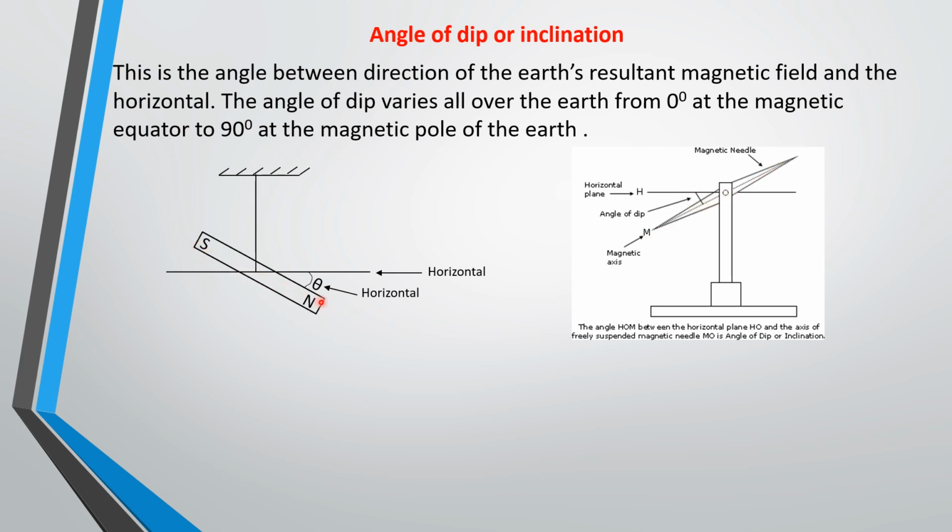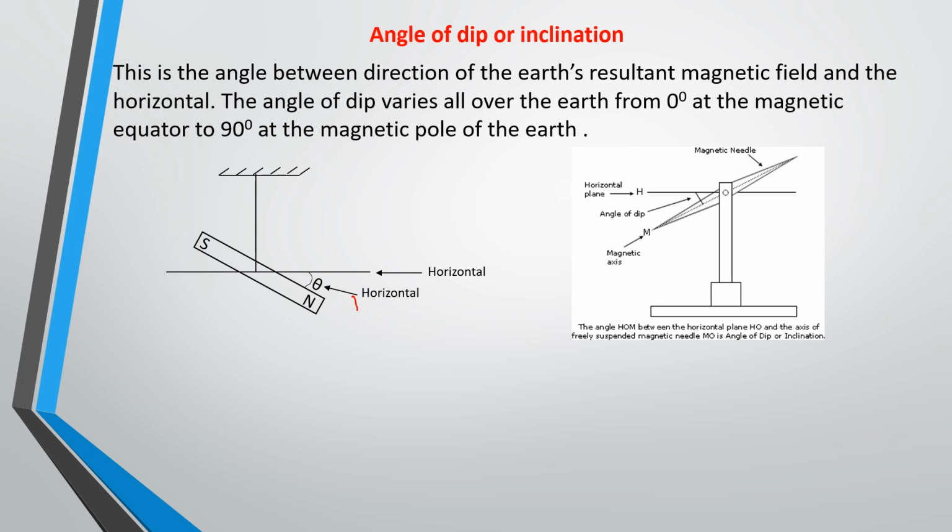So this is what I've also represented. This is the horizontal, and then this is the angle at which a freely suspended magnet settles. So the angle between the horizontal and the resultant of the Earth's magnetic field gives you the angle of dip or the angle of inclination. Okay, so this is supposed to be angle of inclination, right? That's a typo error.